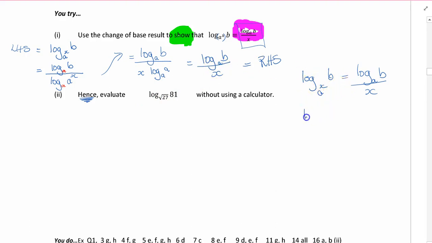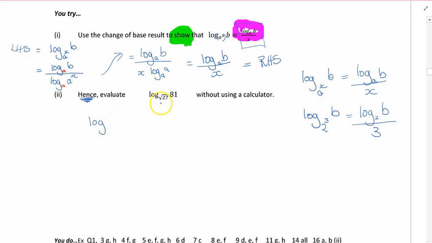So, for example, if we had log of b, log of some number, to say 2 cubed, that's the same as log to base b of a, which in this case is 2, over x, which was the power. Nice little pattern. So we're going to use that sort of thing to evaluate this question. Now you can see that the base isn't written in power form, which we need it to be for us to use this little rule.